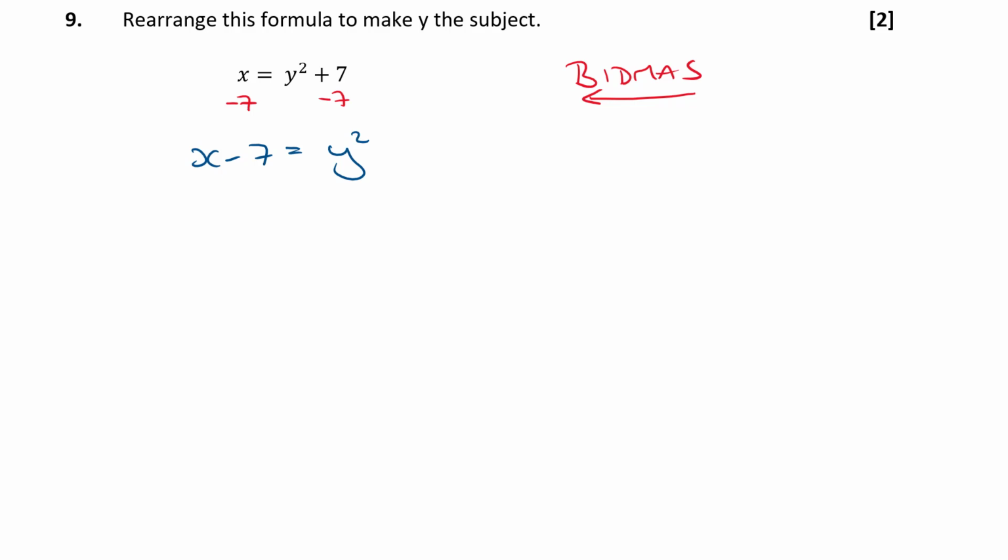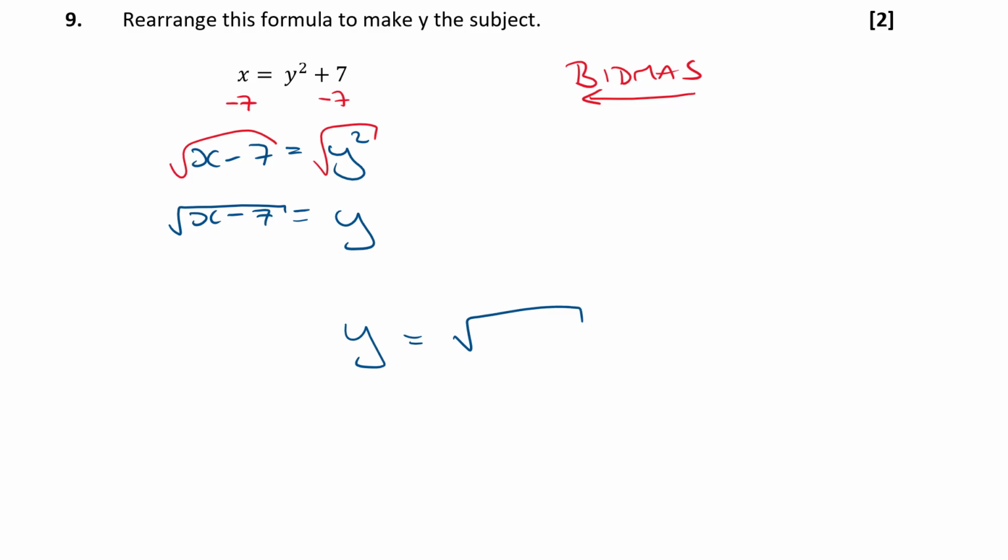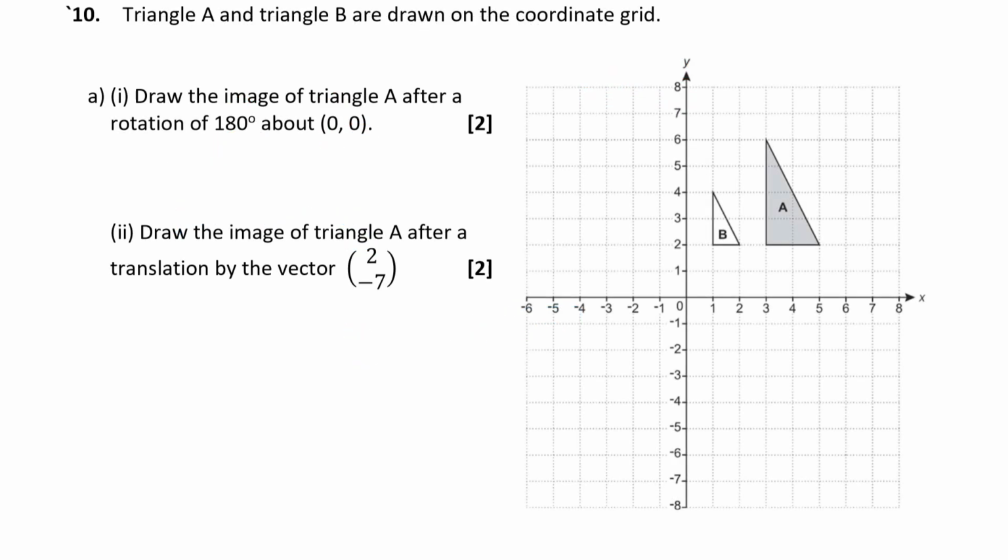So square root both sides. Square root of y squared is simply y, and I'm going to get x minus 7 all square rooted. Okay, so just spinning it around to put y at the front, y is equal to the square root of x minus 7.